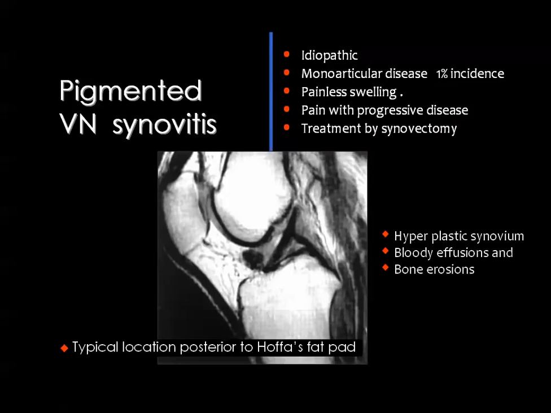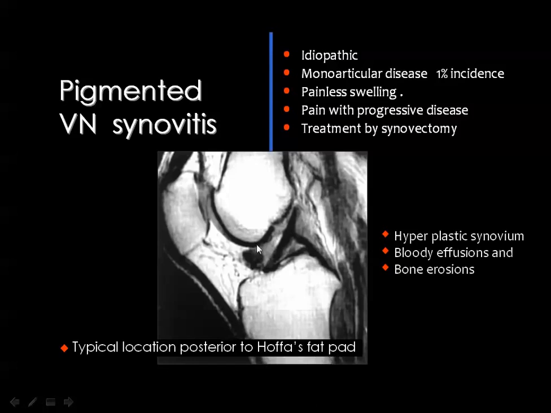Pigmented villonodular synovitis is a disease of unknown etiology. It is a monoarticular pathology. It will result in synovial masses containing pigments, so they will appear of dark signal in the T2 weighted images. Typical location of pigmented villonodular synovitis is in Hoffa's fat pad.